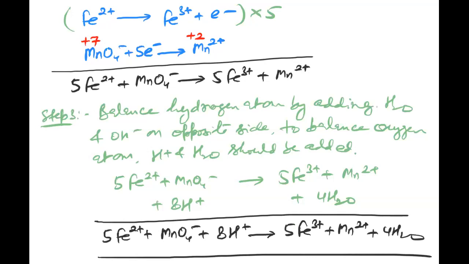So now this is the balanced reaction, and this balanced reaction needs to be converted into the original form. In the original form, Fe2+ was present in the form of FeSO4. Permanganate ion has to be present as KMnO4. H plus has to be present as H2SO4.